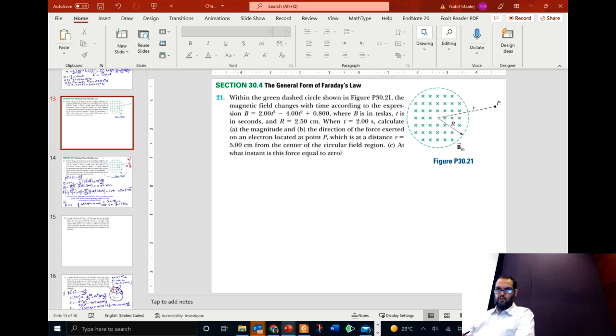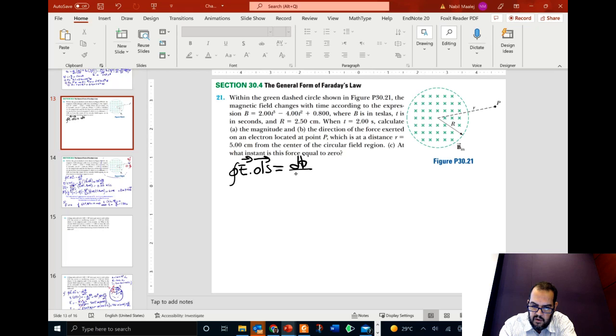So first of all, we have to determine what is the electric field. We know a changing magnetic field will induce an electric field, and this is given by Faraday's law that says E dotted with ds around a loop is equal to the derivative of the flux with respect to time.